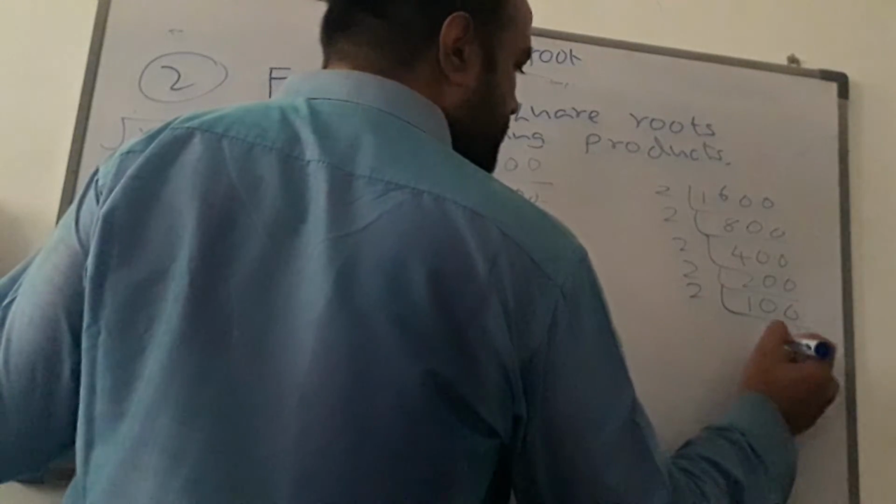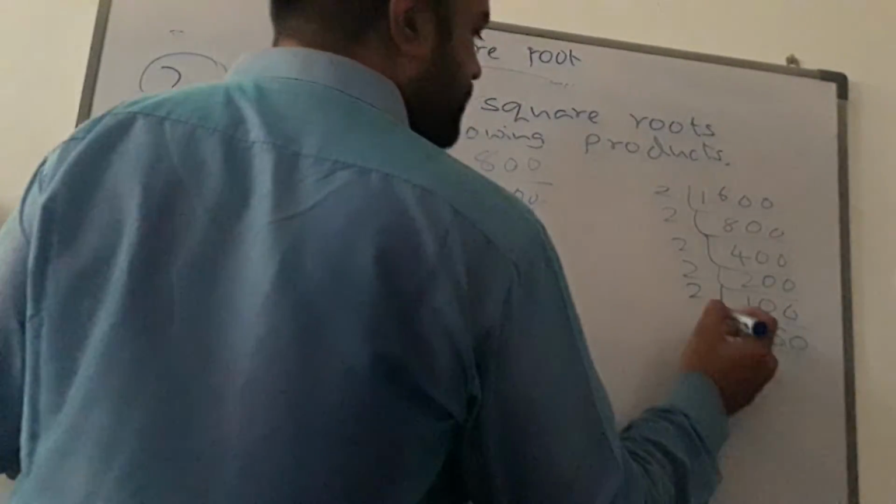Okay, 100 times 2, 200. So if we divide 200 by 2, we get 100. When we divide 100 by 2, it is 50. When we divide 50 by 2, it is 25. 25 times 2 is 50. That is, half of 50 means 25. Again, 1600 means 2 times 800.